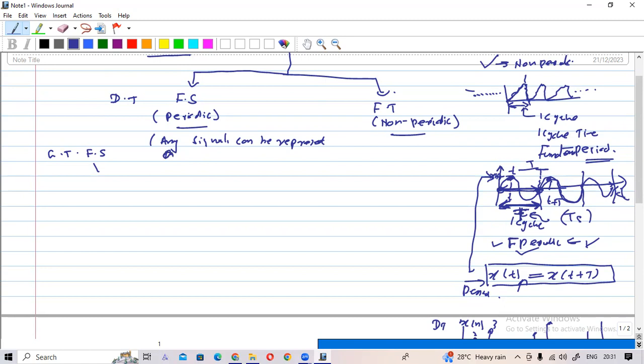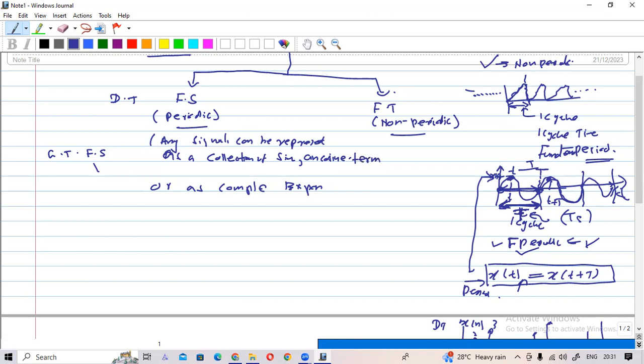as a collection of sine and cosine signals or as complex exponential terms.